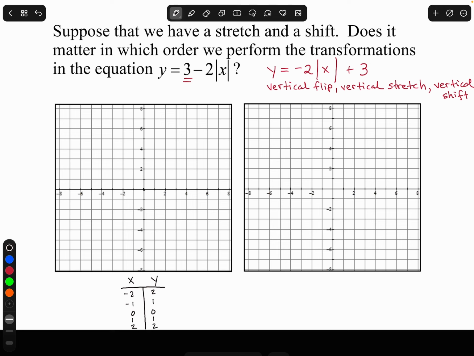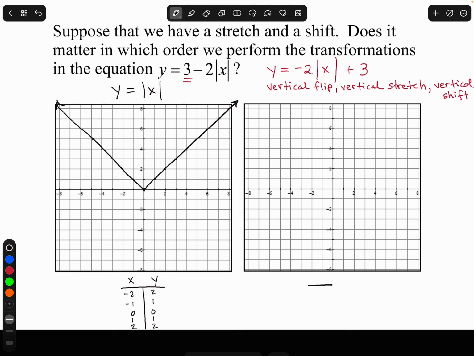So I'm going to go ahead and plot that on here. This is our original parent graph. So we've got this one coming down here, going up this direction. Remember, this is just our parent graph, y is equal to absolute value of x.